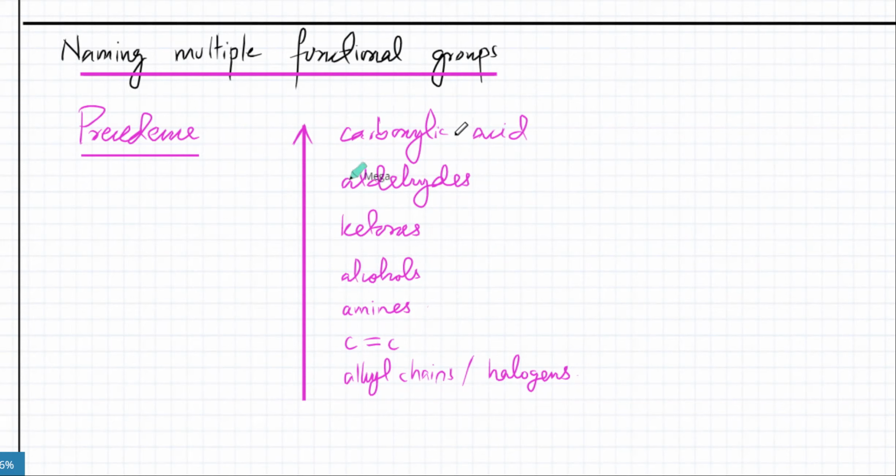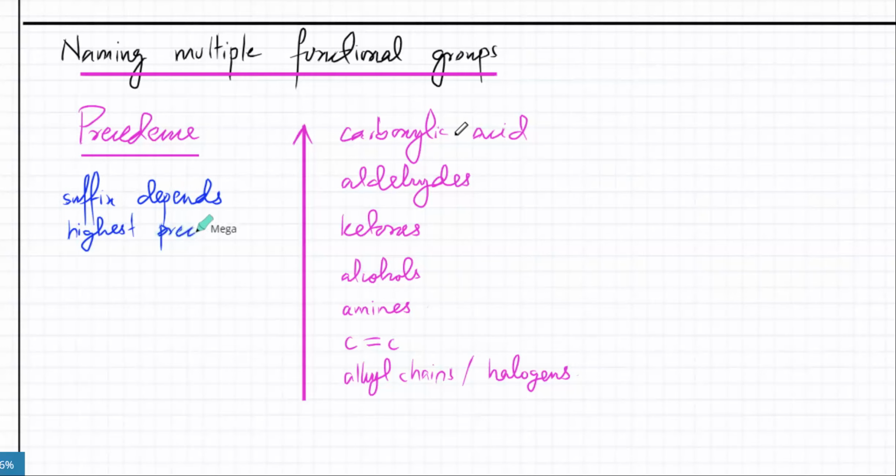So the first thing is the main suffix, or the ending part, depends on the highest precedence group. So the suffix is determined by the highest precedence group. So what are these suffixes?